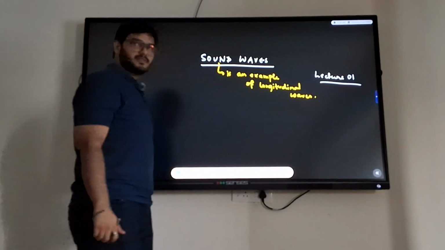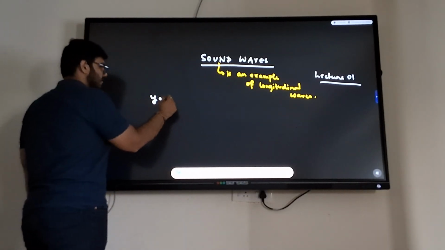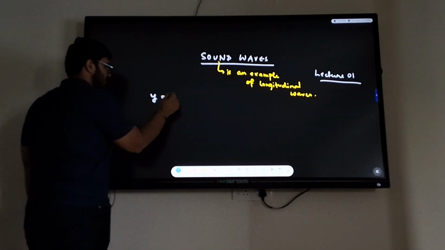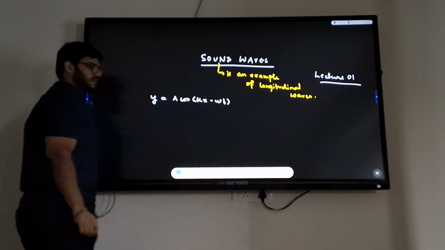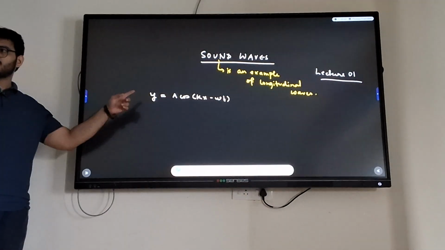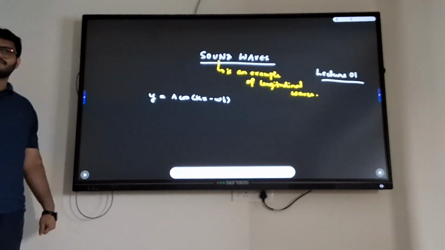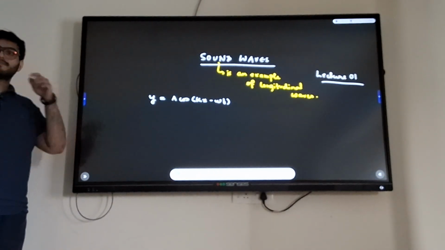Do you remember when I used to write this equation? Let's say the equation was y equal to A cos(kx minus omega t). If I have this equation, then what does this y used to represent? Do you remember? What does this y used to represent?